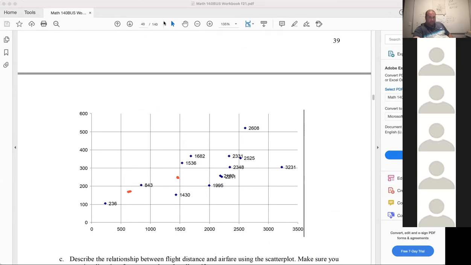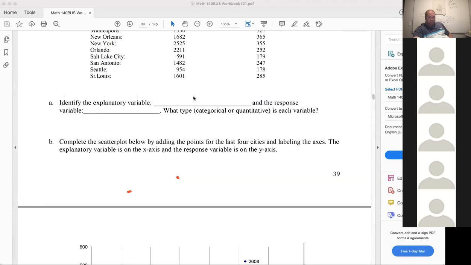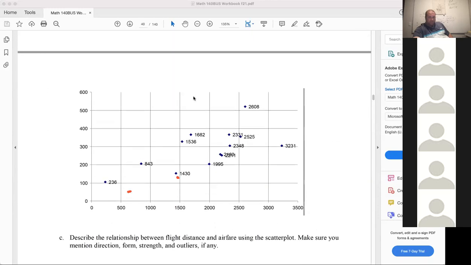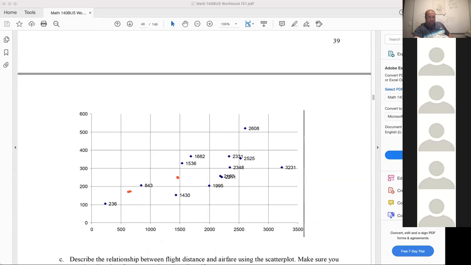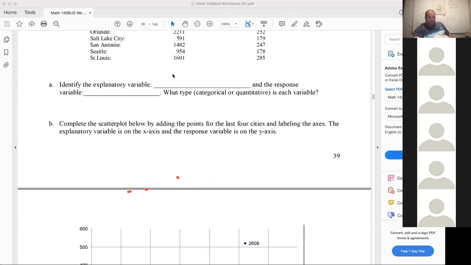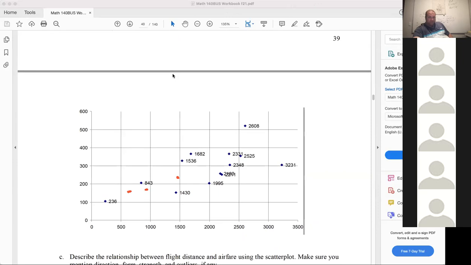Then we have 954, 178, about there. And finally, the last one, 1601, 285, about there somewhere.